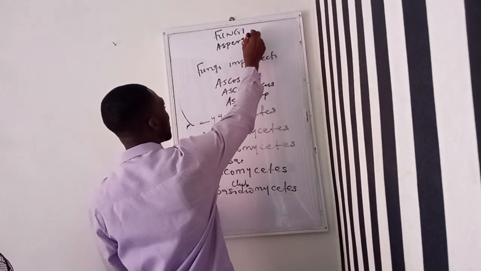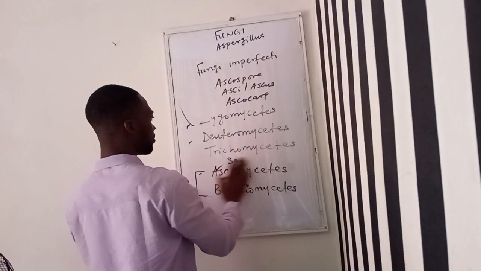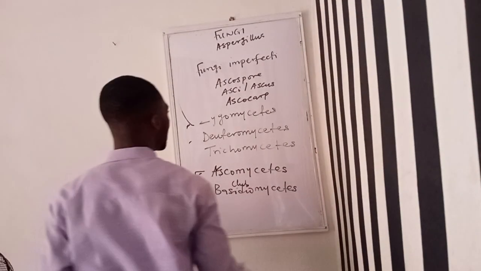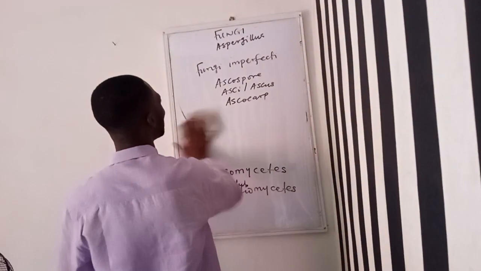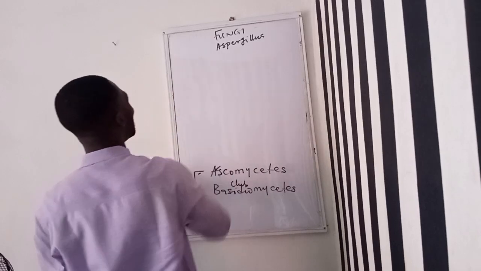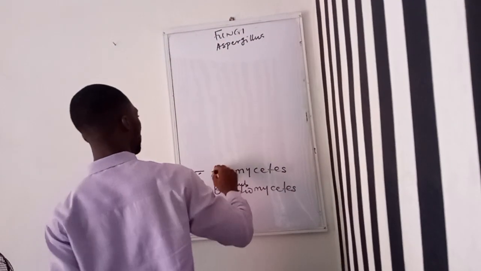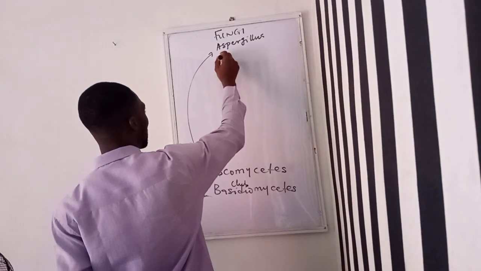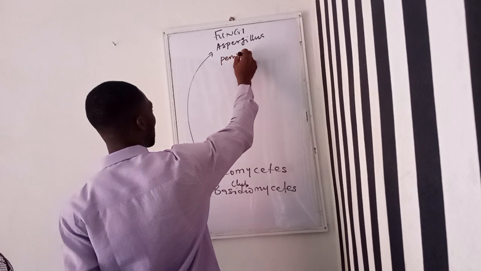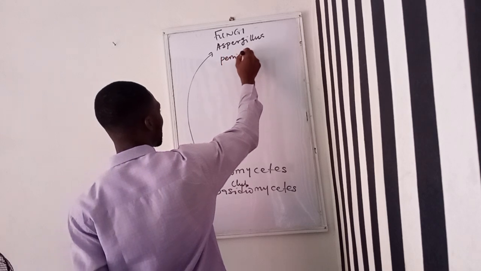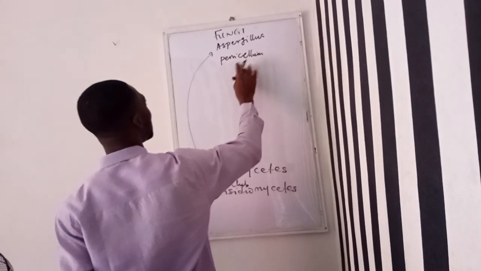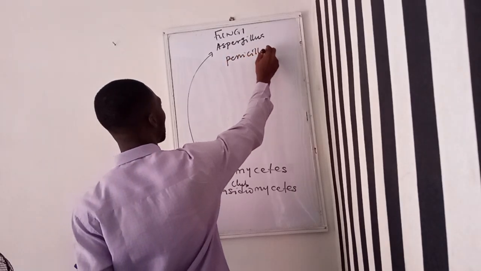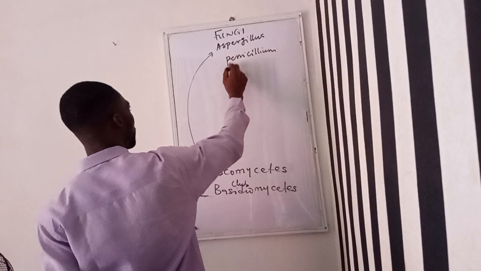Examples of members of ascomycetes: you see aspergillus, you see penicillium. Then truffles.